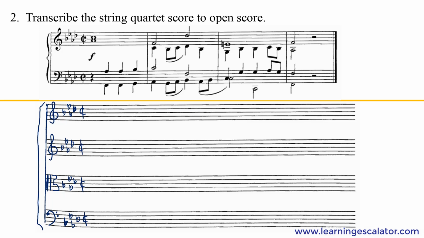Then we write the notes. So the top line is the violin one. Okay, first you have to draw the bar lines. So the double bar line at the end. Then the normal bar lines.